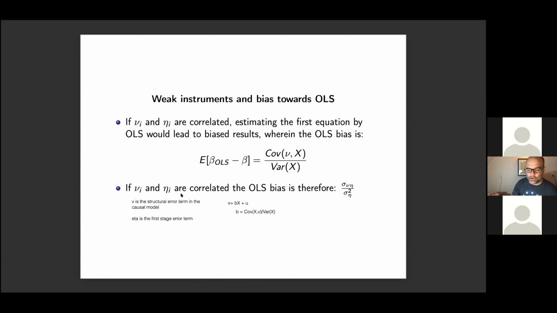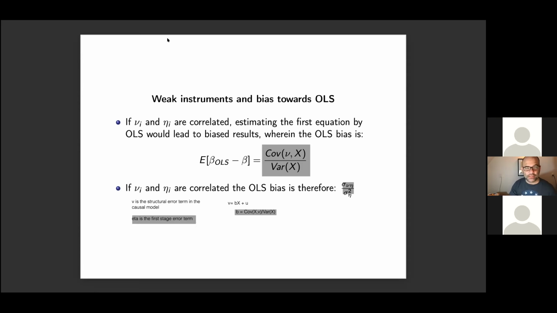All right, and we're going to call this right here the bias. It's going to be the same thing. And if they're correlated, the bias is going to just be V eta, because eta is the first stage error term.